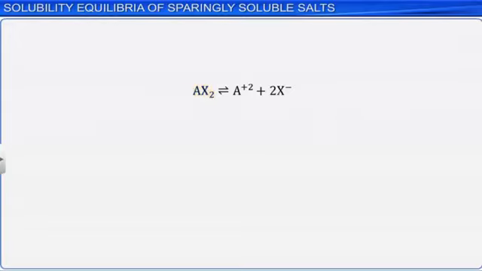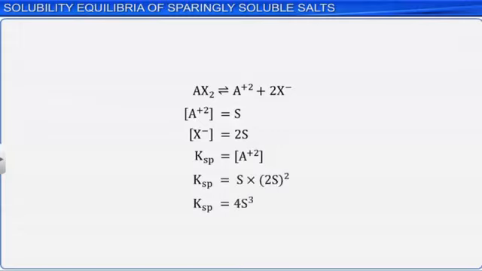The equilibrium reaction for this dissociation may be represented as AX2 in equilibrium with A2+ and 2X minus. The solubility product Ksp for the salt AX2 can be written as Ksp is equal to the product of the concentration of A2+ and X minus raised to the power of 2.